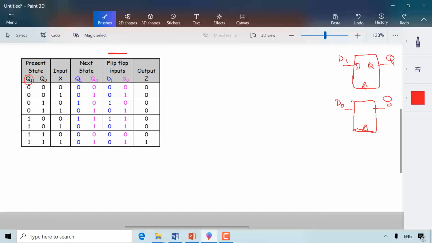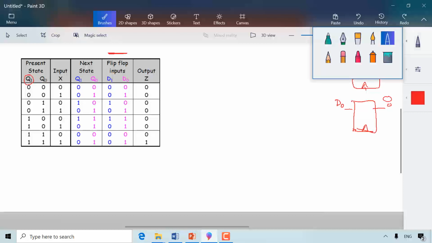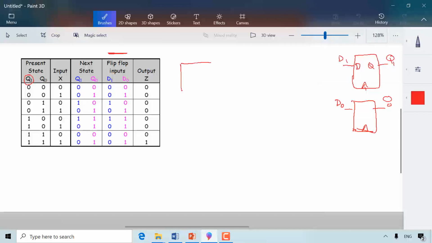So now I need to construct two K-maps, one for D0 and one for D1.